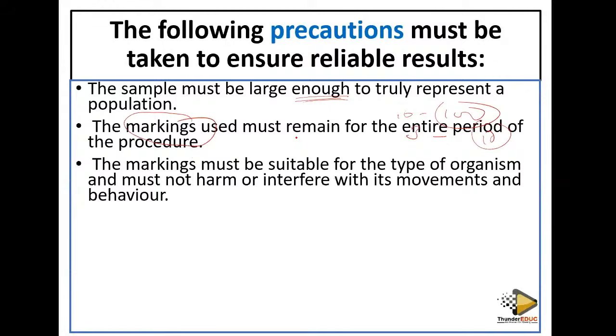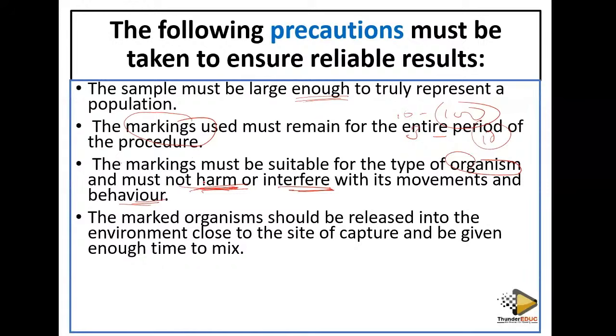The markings must be suitable for the type of organisms that you are trying to capture, meaning that you don't put a big mark on a small animal, and it must not harm them, they must not have any negative effect. They must not interfere with movement and behavior, meaning that if it is reproduction, the reproduction must take place properly without any stress. So those are some of the precautions before you go for this mark-recapture method.